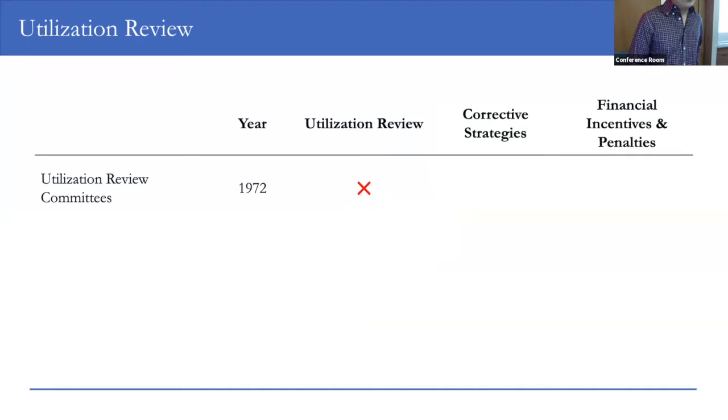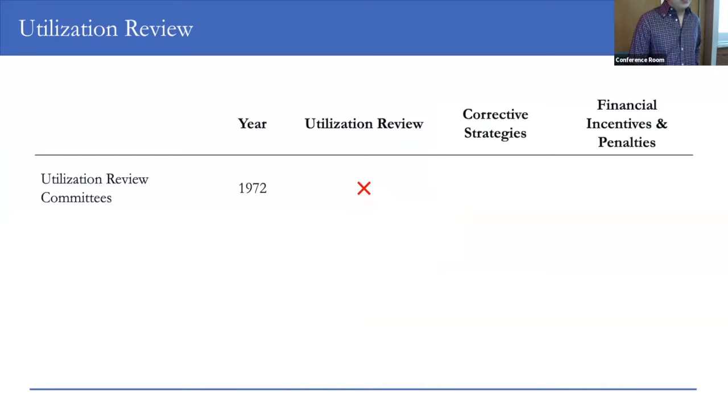So in 1972, CMS established utilization review committees, which required participating physicians and hospitals to show that they were providing appropriate services and not over or underutilizing certain ones.